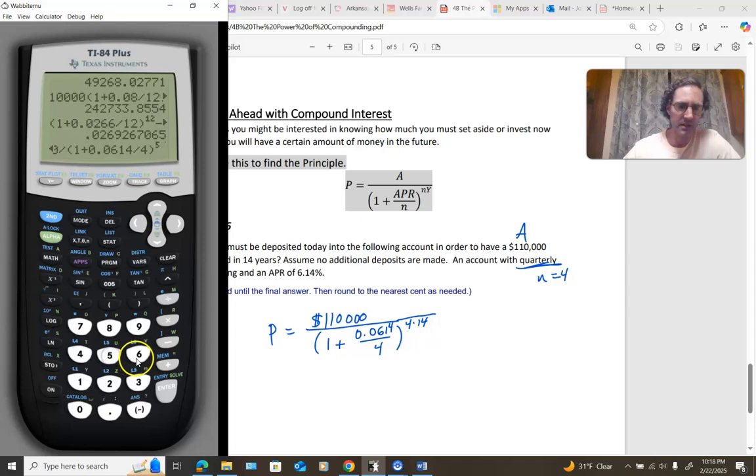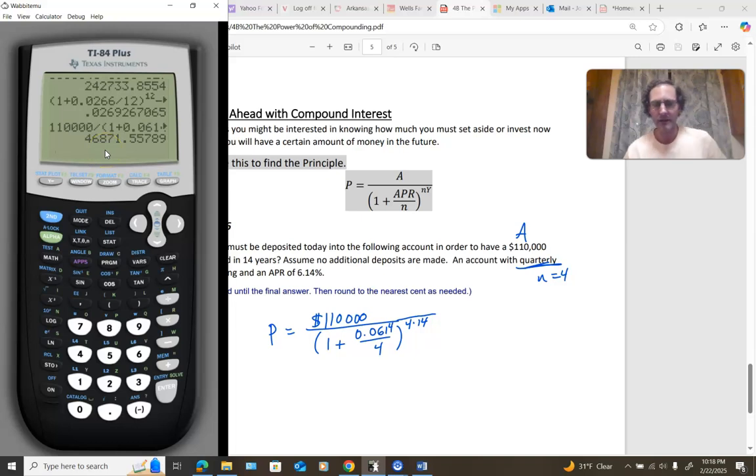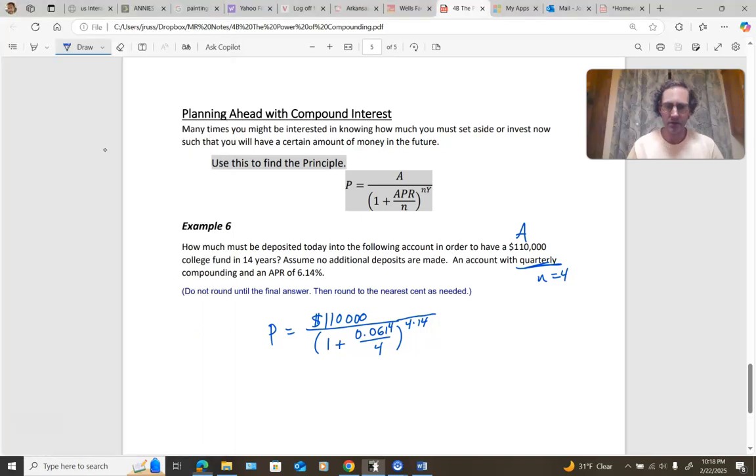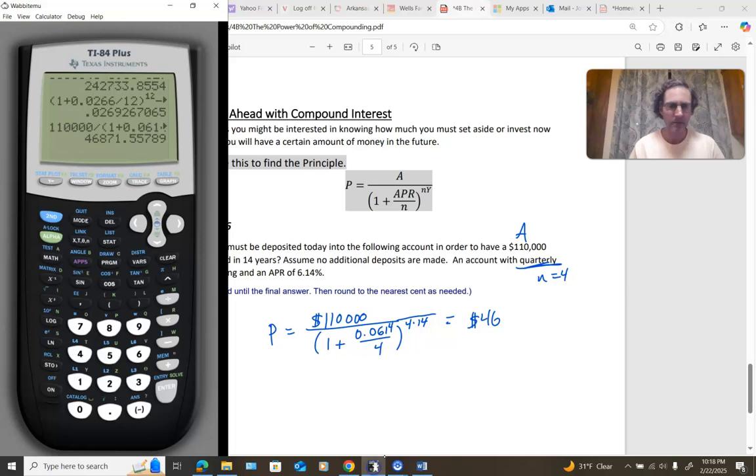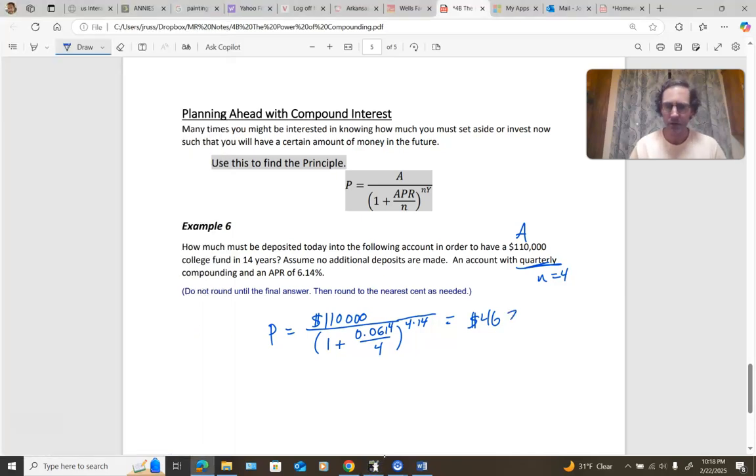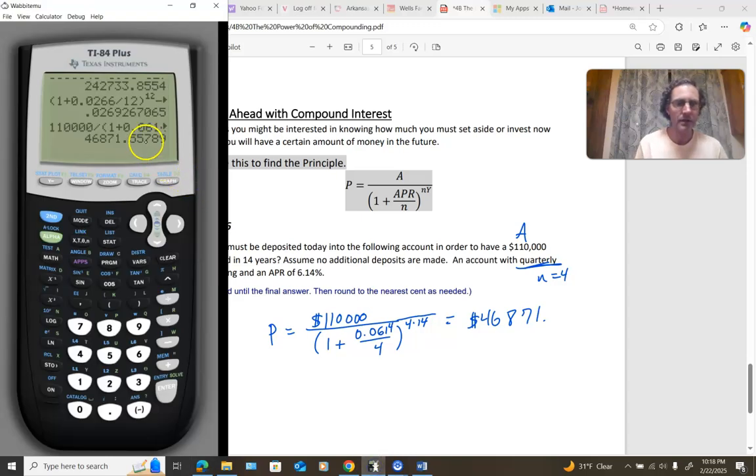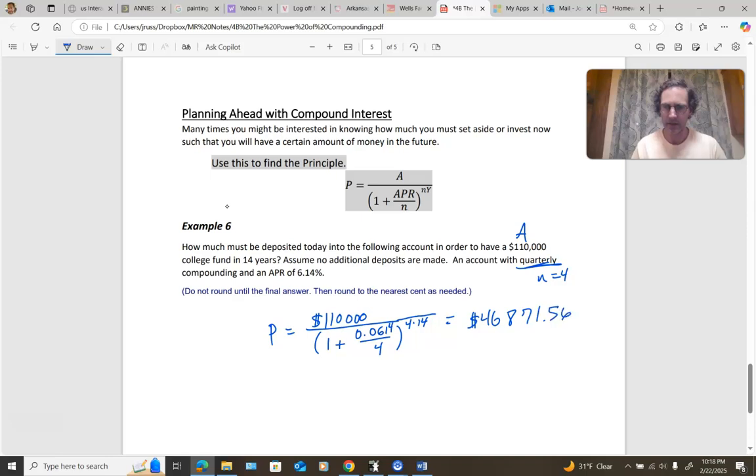I know that'll be 56, so I'll just do it in my head. And I'll hit enter, and this is the amount. It's $46,871, and if I round to the nearest cent, it would become 56 cents.